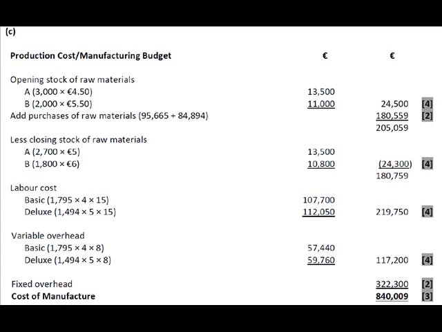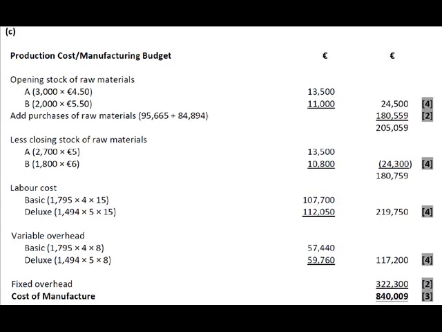We know it's 3,000 kilograms of material A at 450 and 2,000 kilograms of B at 550. And then we add in the purchases of raw materials that we got in the B part of the question, which totals to 185.59. Less our closing stock of raw materials. Again, now remember, raw material quantities are going down by 10%.